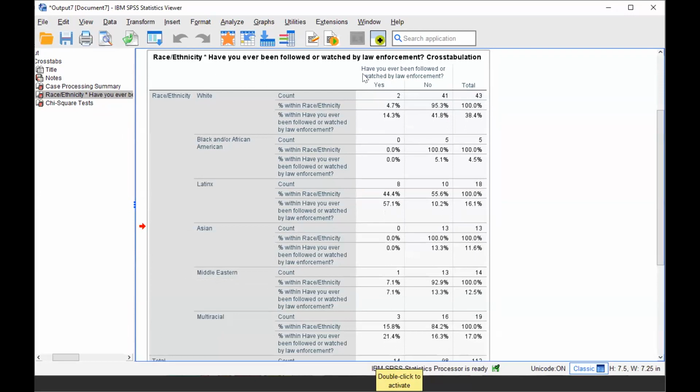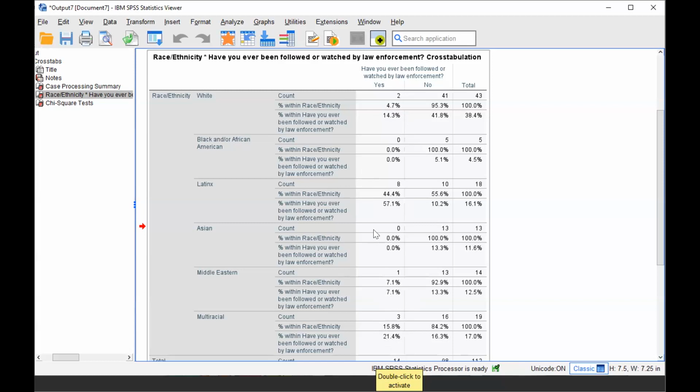It's basically saying that of all those who say they have been followed or watched by law enforcement, 14.3% are white. And we go to the next, this column percentage, 57% are Latinx and 7.1% are Middle Eastern and 21.4% are multiracial.